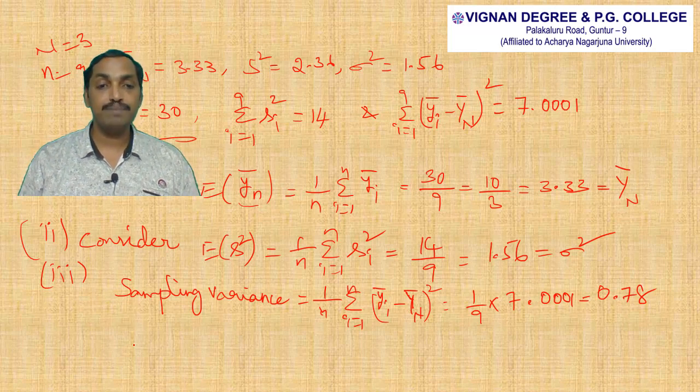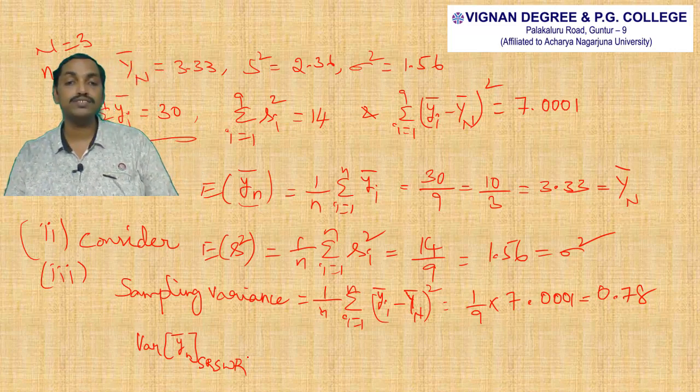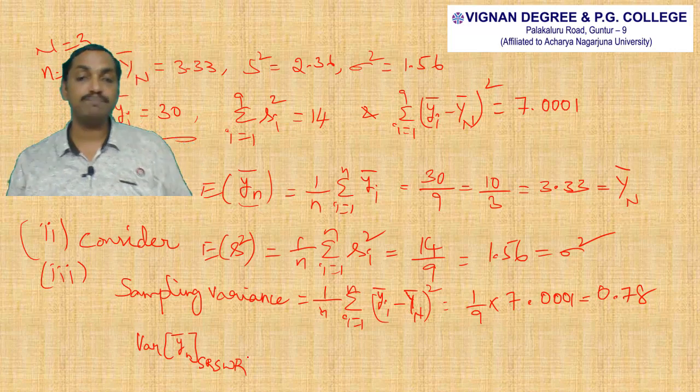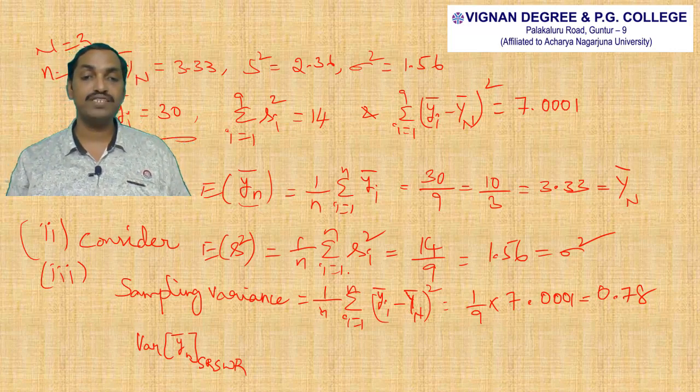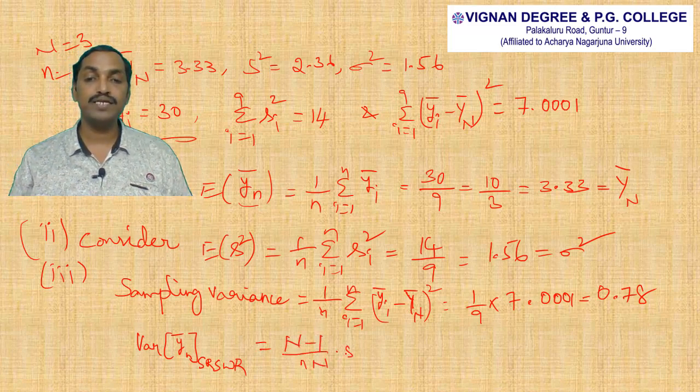And the variance of sample mean in simple random sampling with replacement, because in this particular problem we have drawn all the samples using simple random sampling with replacement, is given by the formula capital N minus 1 divided by small n into capital N into capital S square.